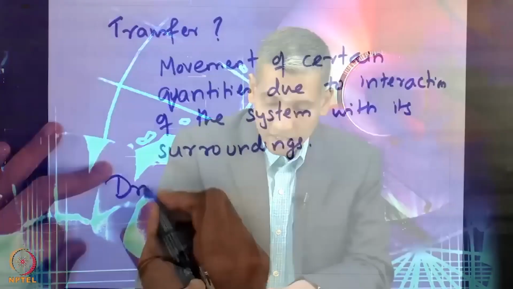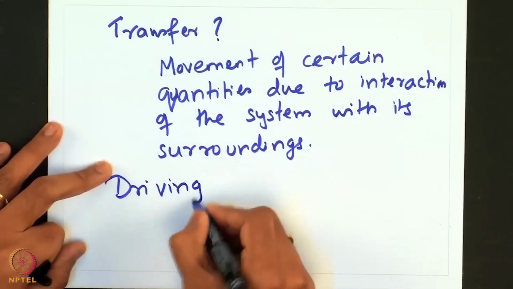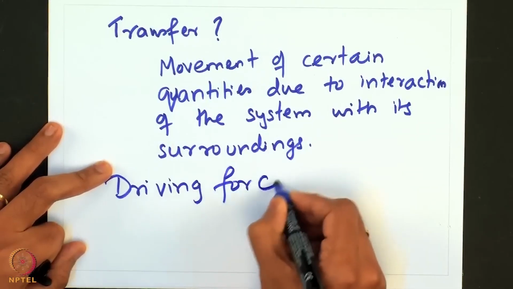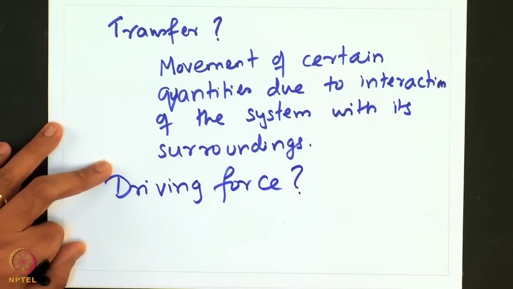What drives the transfer process? The driving force. What is the driving force for a transfer process? The driving force is temperature difference if it is heat transfer, and it is chemical potential if it is mass transfer.